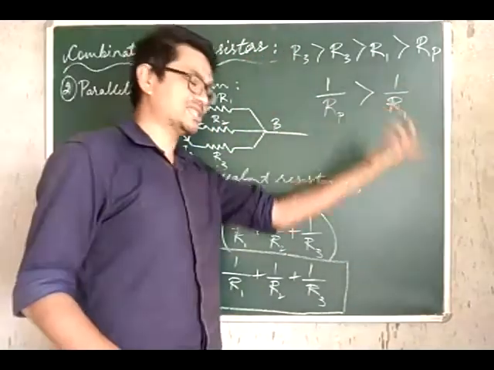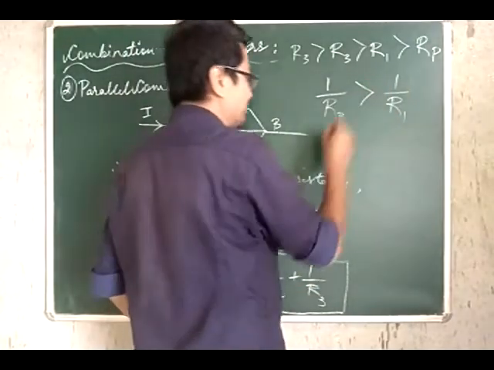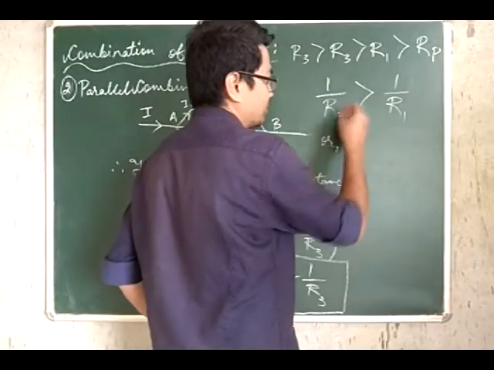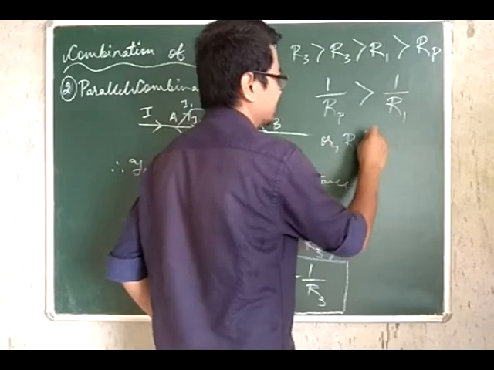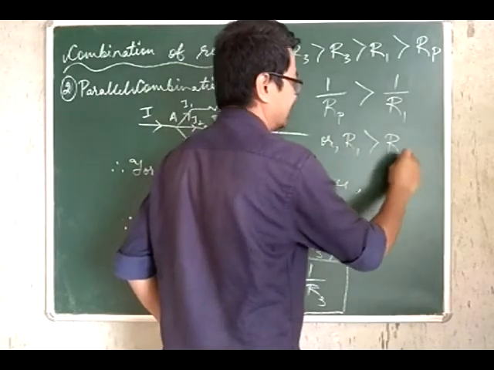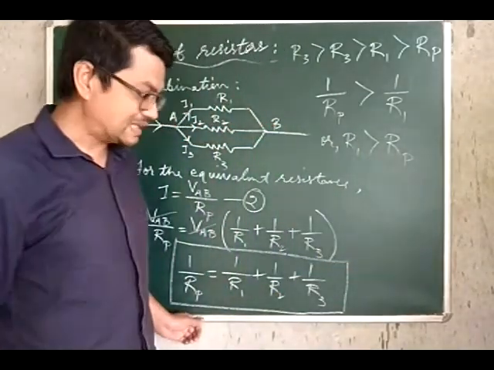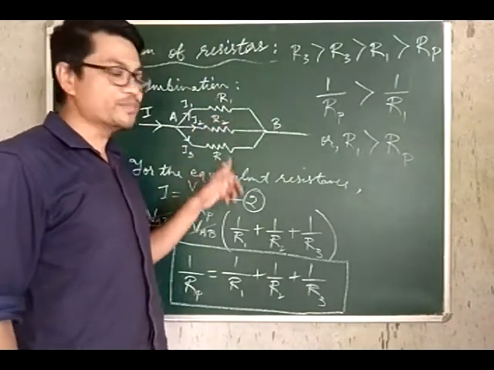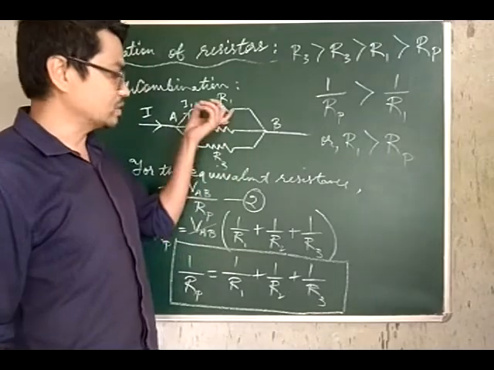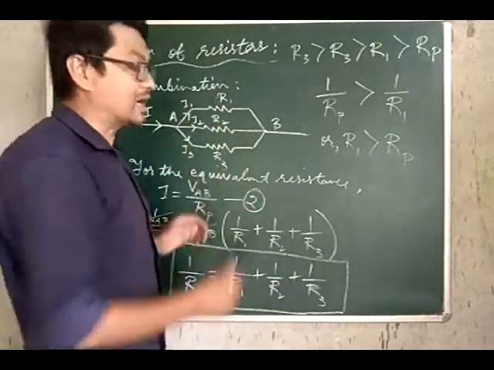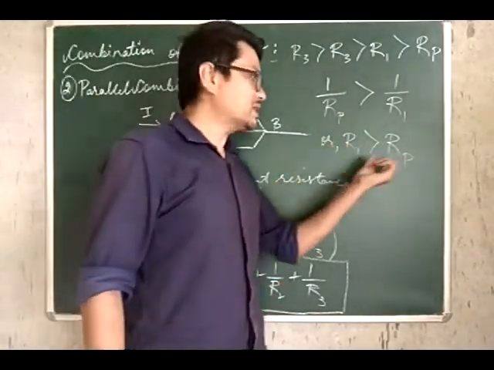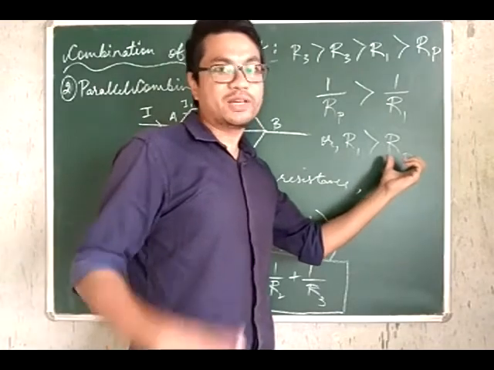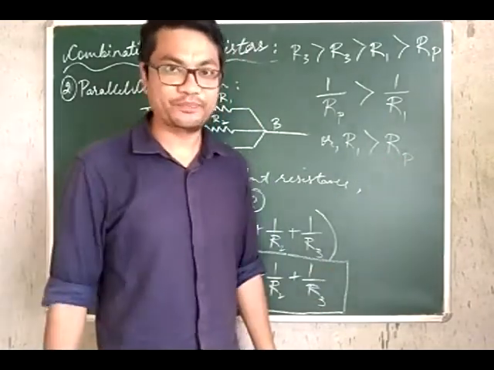Cross multiplying, we get R1 is greater than RP. So the least value of resistance in this parallel combination, which in our case is R1, is greater than the equivalent resistance in parallel.